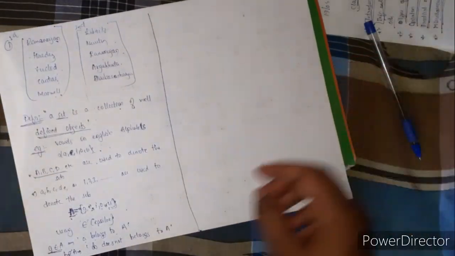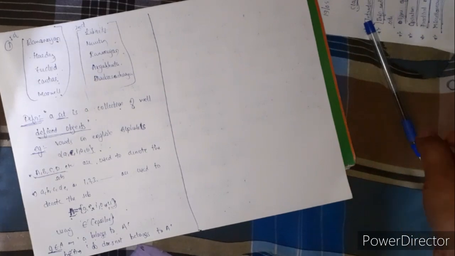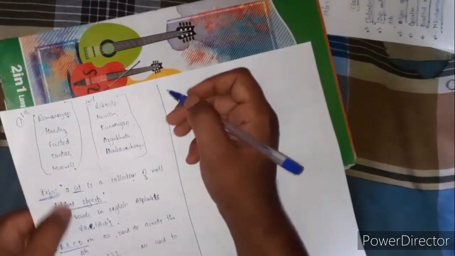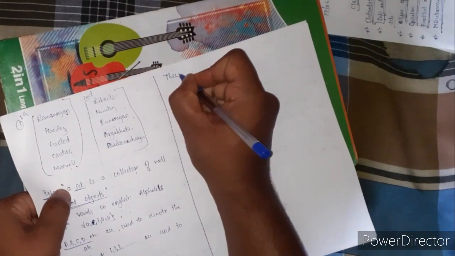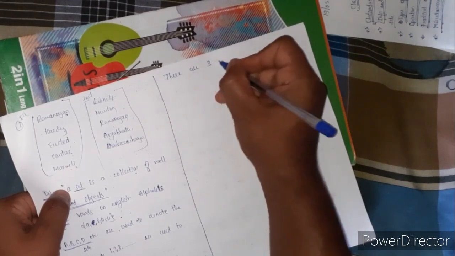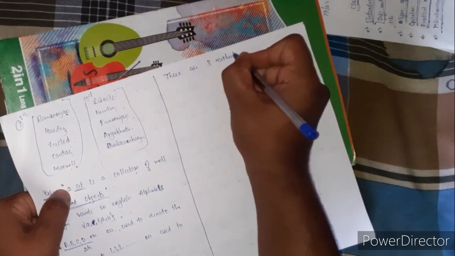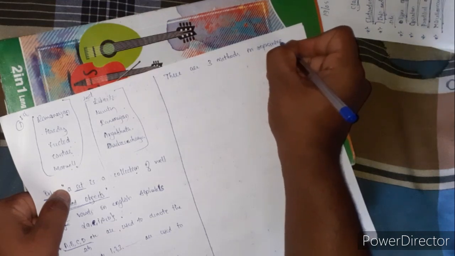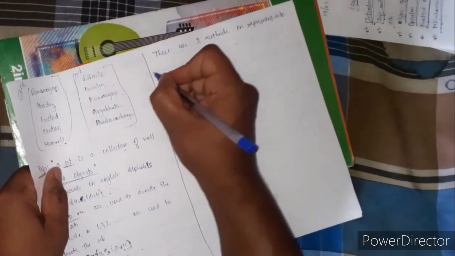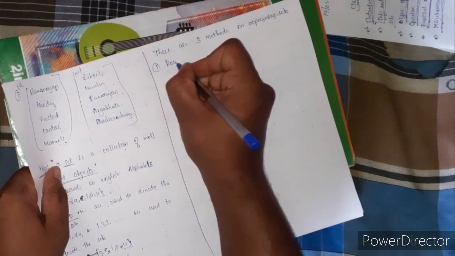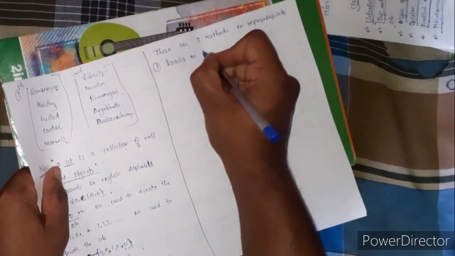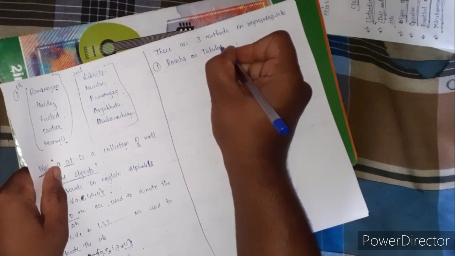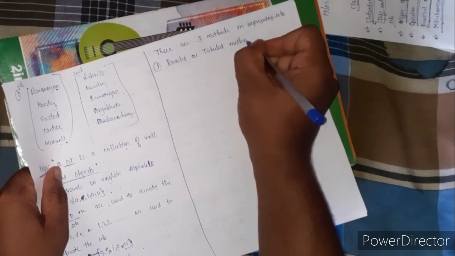And now we are going to represent sets in 3 methods. There are 3 methods in representing a set. One is the roster or tabular method.